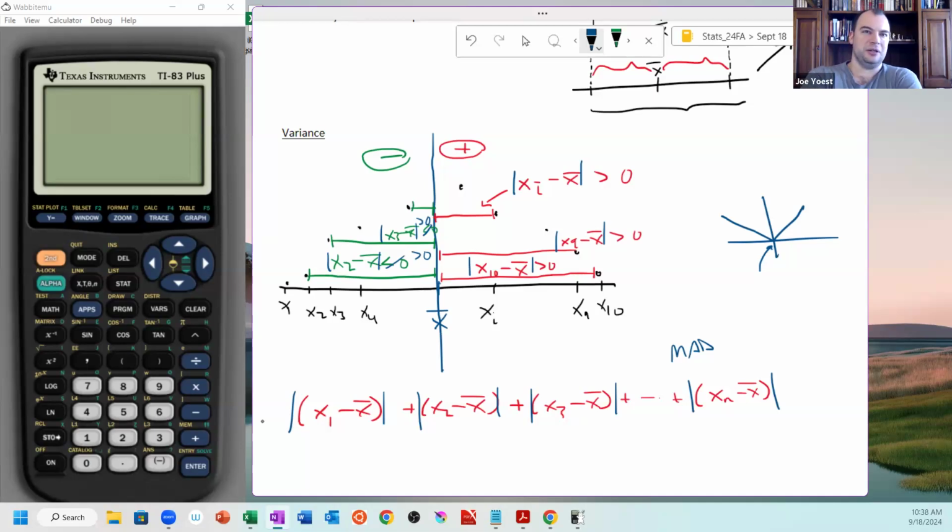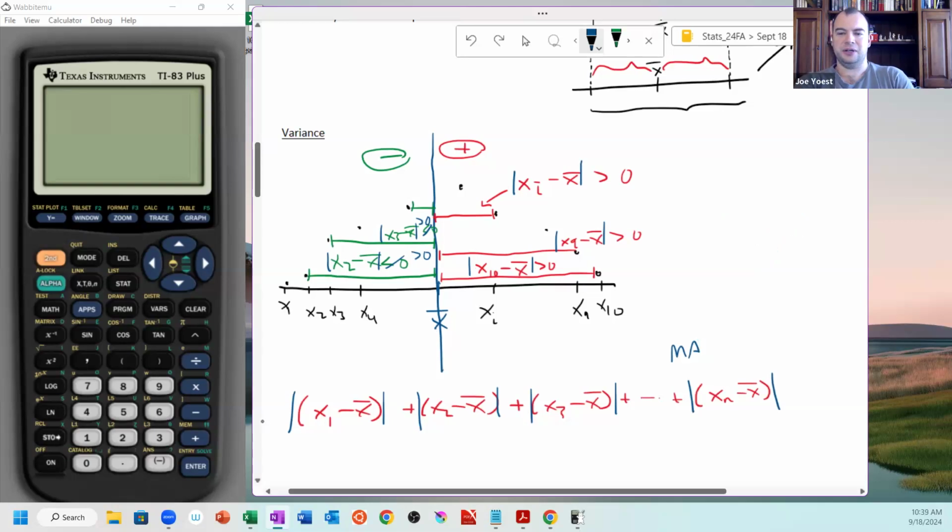I don't think that's particularly a good reason to avoid a function because it makes the math a little messy. But it's one reason, right? It makes the math a little bit messy in some contexts, having a corner like that. The absolute value is also a piecewise function. That's a little bit annoying to deal with. So, on one hand, it's a minorly annoying function to deal with.